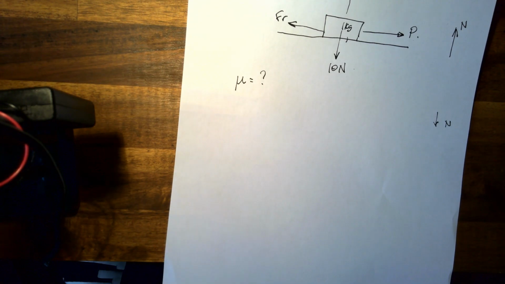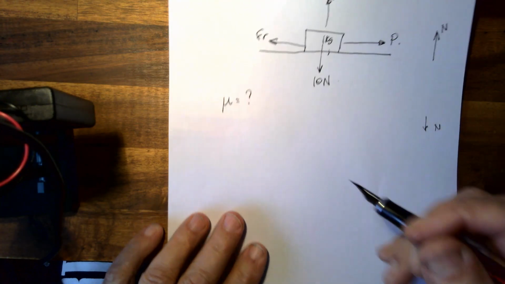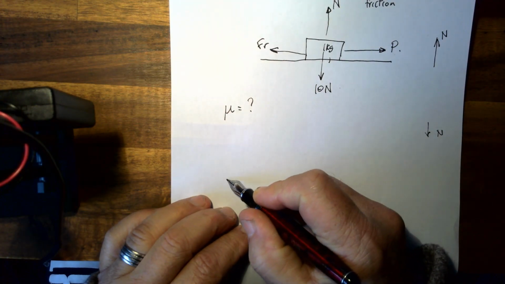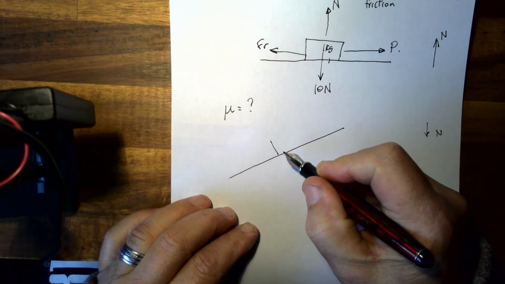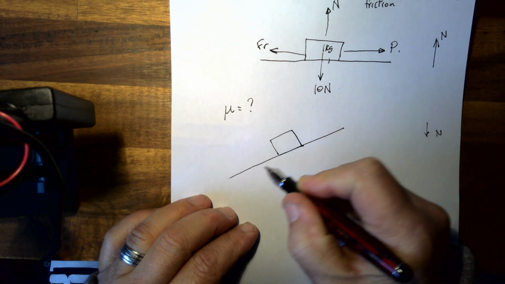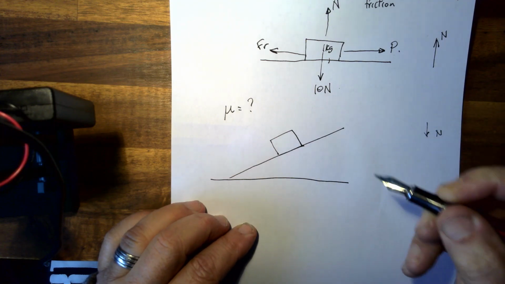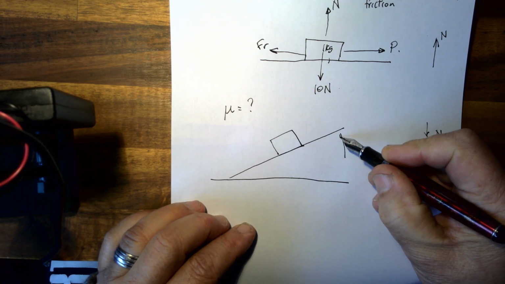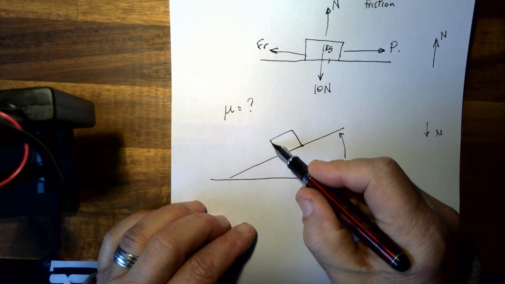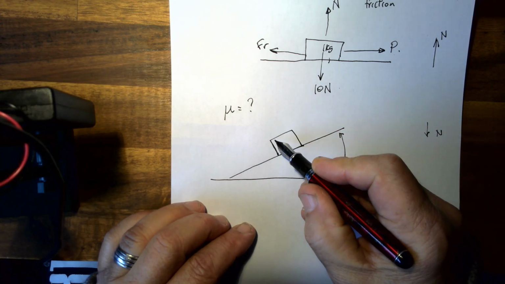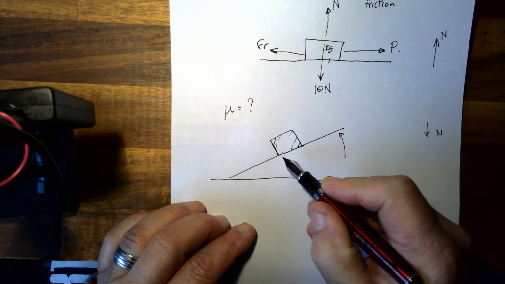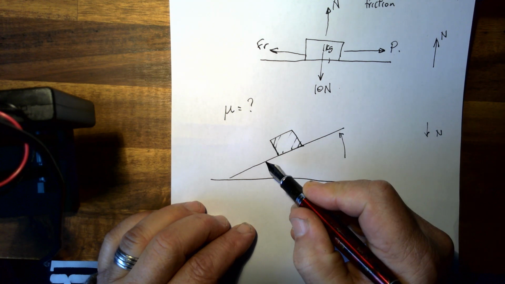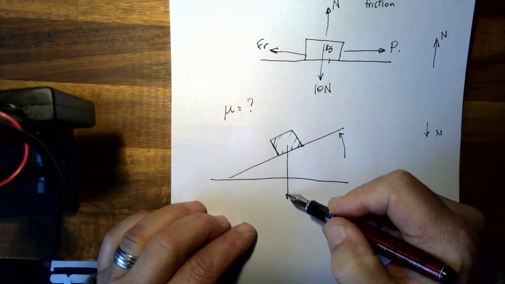Alright, so let's have a quick think about now, how do we develop mu? How does it happen? Well, it's done by placing an object on a sloping surface like this, and by raising the surface up until this object here, whatever it might be, is just about to slide down the surface. Now it's assumed that the object has a mass.